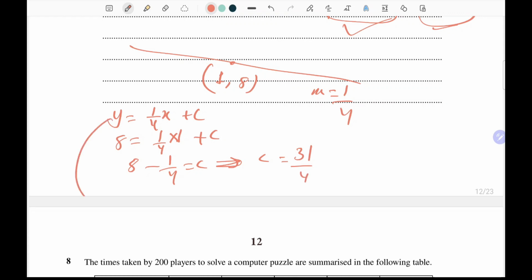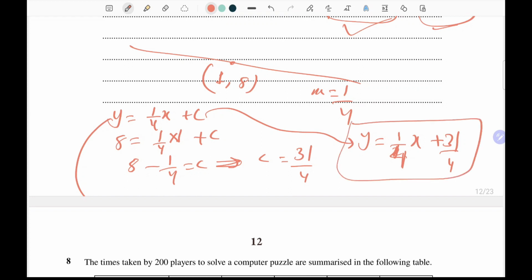And, guys, finally what we can get, y equals 1 over 4x and c is 31 over 4, right? So I hope you understood this. Yeah, this will be the answer. Y equals 1 over 4x plus 31 over 4.